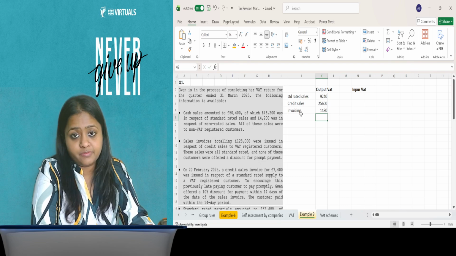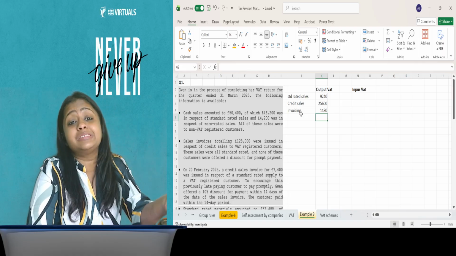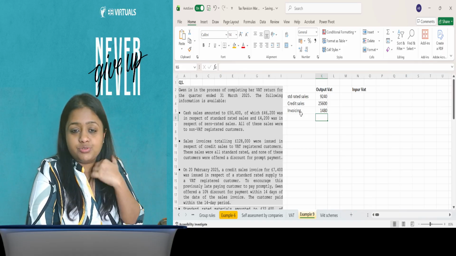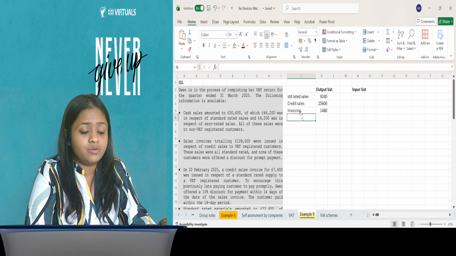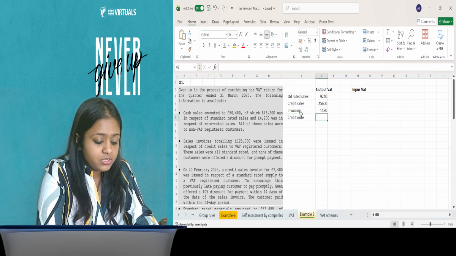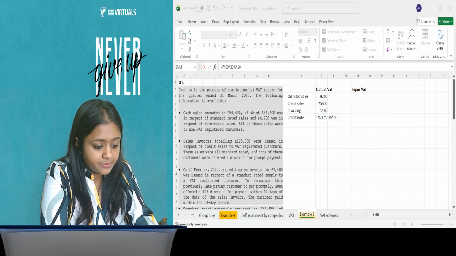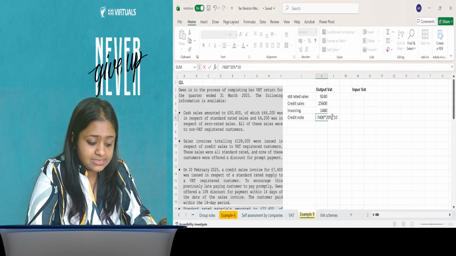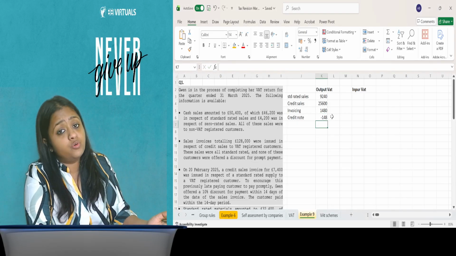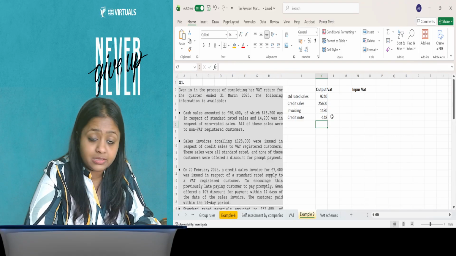Now, why am I not taking 90%? Because it says previously late paying customer. So the history is that he is not paying on time. So invoicing is done at full value. Here I will reduce by a credit note. So I will take here 7,400 multiplied by 20% multiplied by 10%. Yes, I will arrive at the same answer even if I do 90%, but this is the correct way of doing it. So we'll do it in this way.